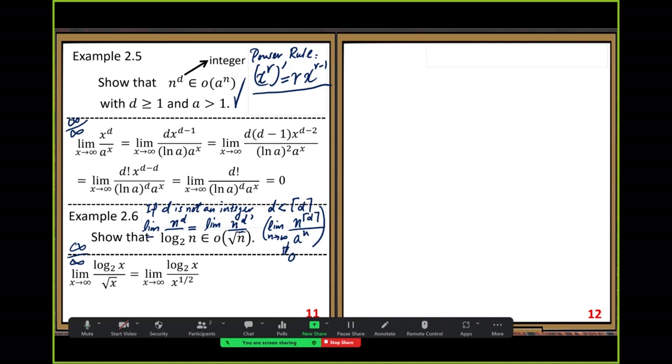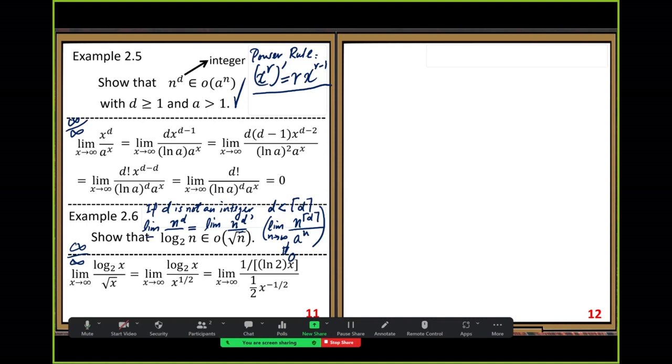Before we apply it, let's write root of x as a power function, x to the power 1/2. Then the numerator derivative formula is 1 over natural log of 2 times x.